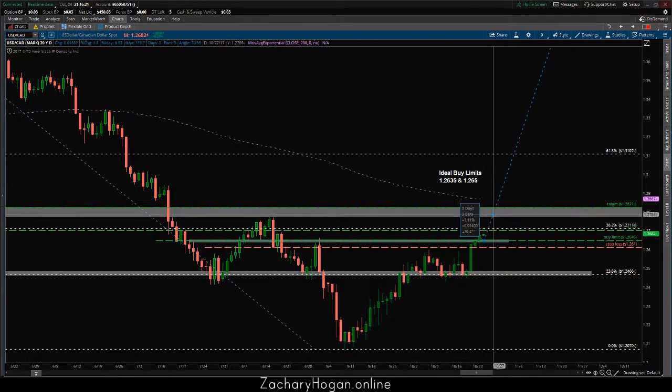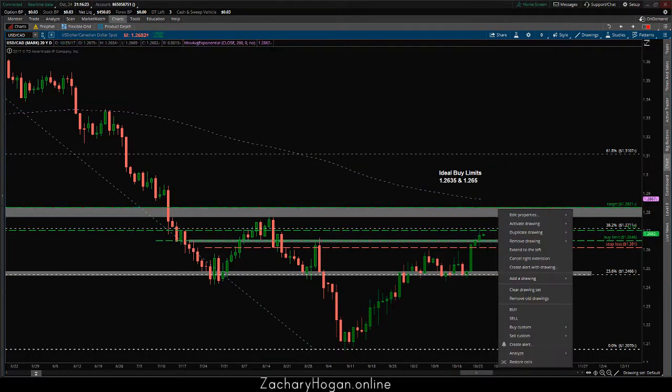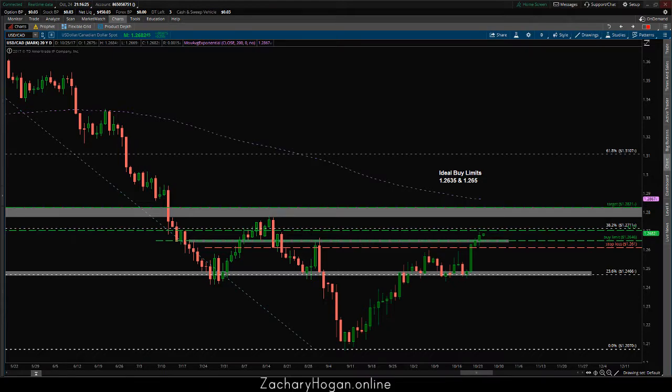So from our buy limit to the target, it'd be about 180 pips. So 180 pip target, let's just for the ease of this calculation, 40 pip stop loss, we're looking at a 4.5 risk to reward ratio. So that's pretty good in my opinion.